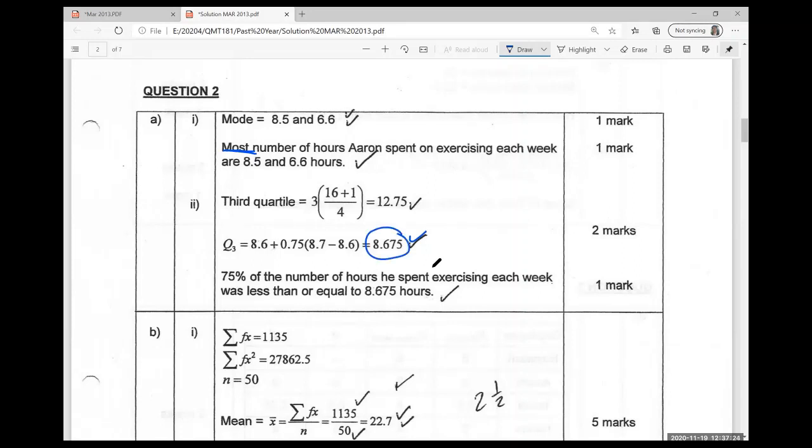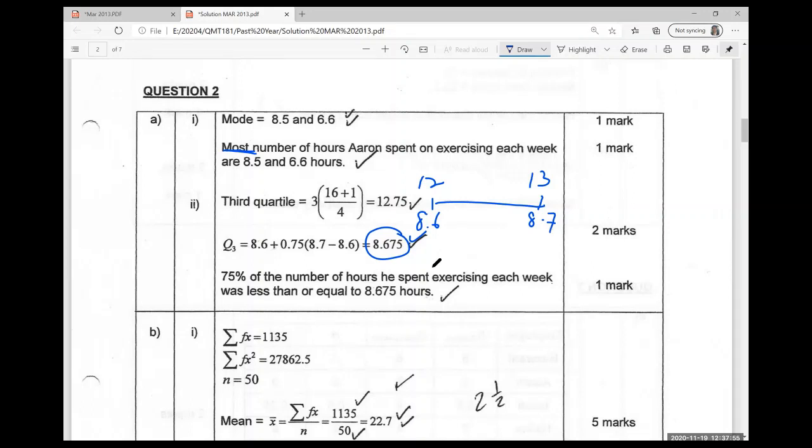The position of the quartile is 12.75, so the value should be between the 12th and the 13th position. That means this is between 8.6 and 8.7. So you get the value to be 8.675.